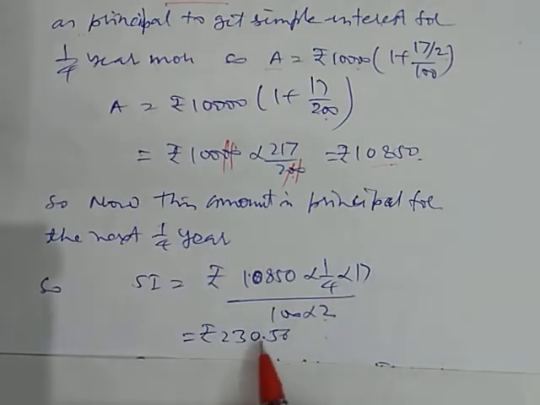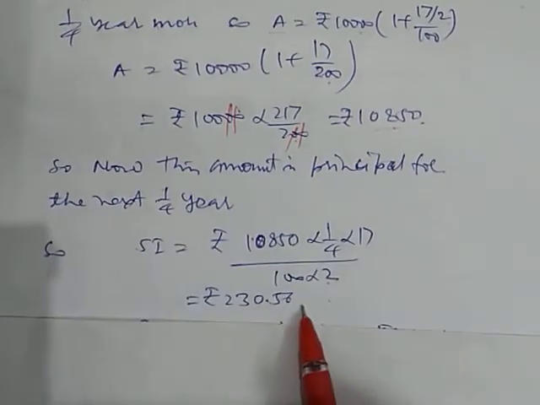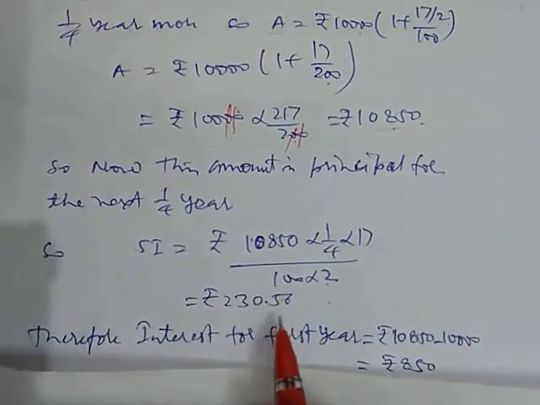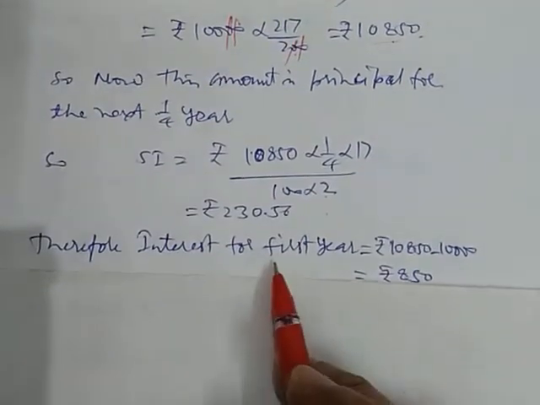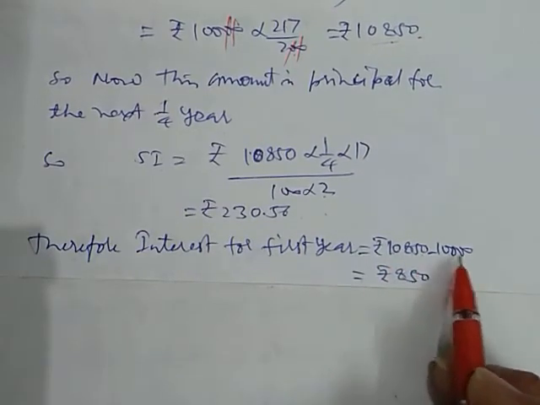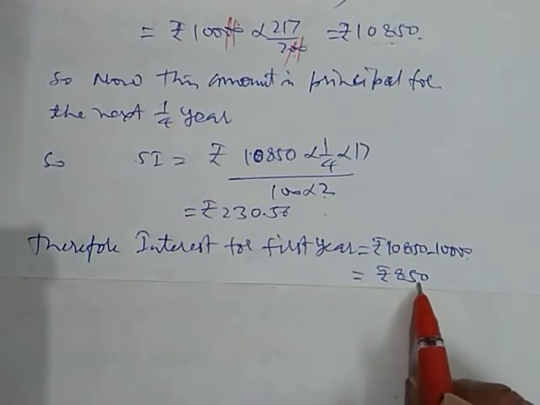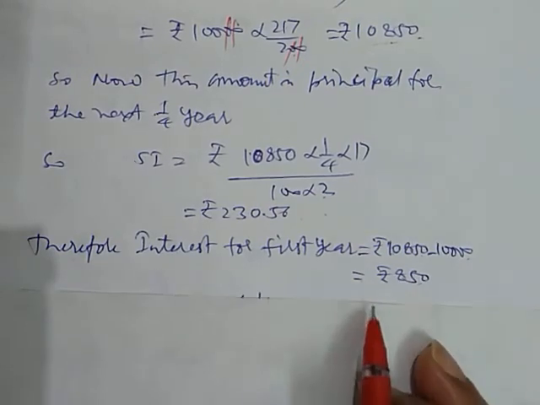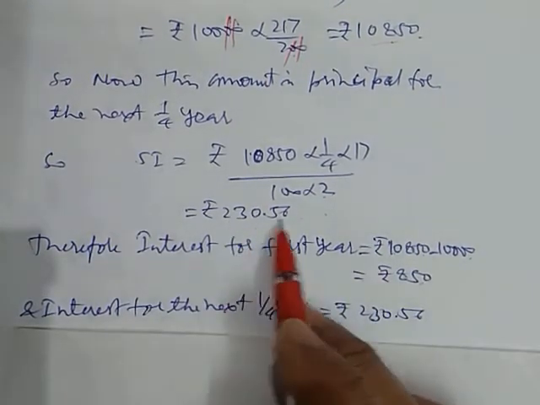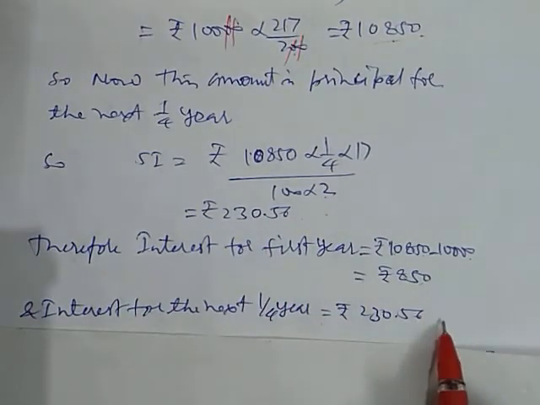By solving this we get rupees 230.56. This is the simple interest for 1 by 4 year. Therefore the interest for the first year is rupees 10,850 minus 10,000, that is rupees 850, and the interest for the next 1 by 4 year is 230.56.